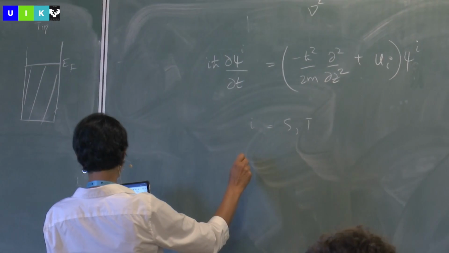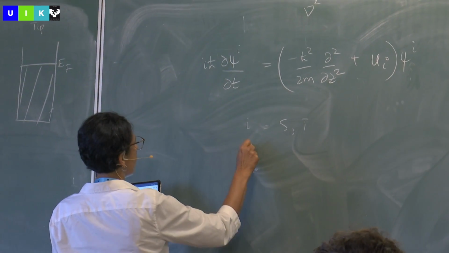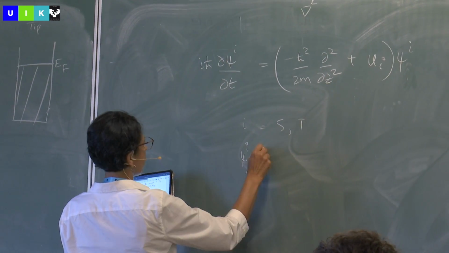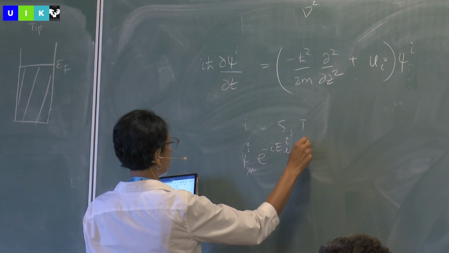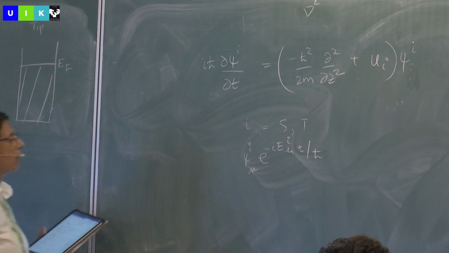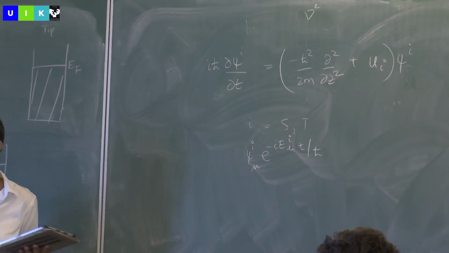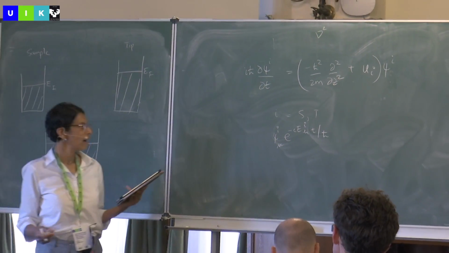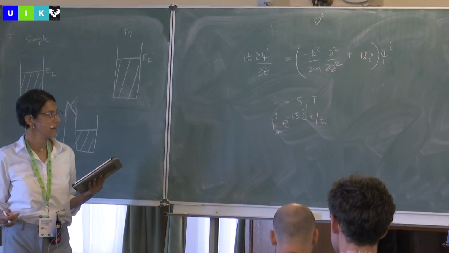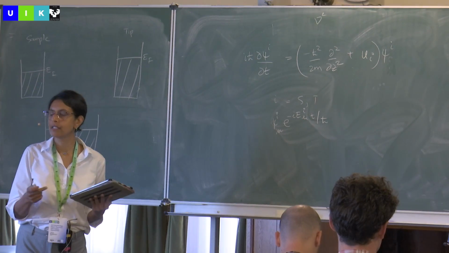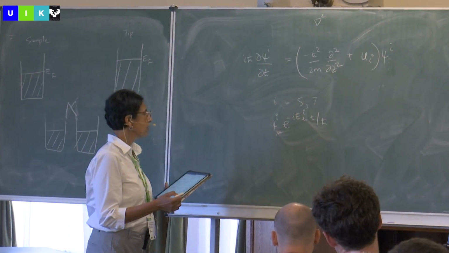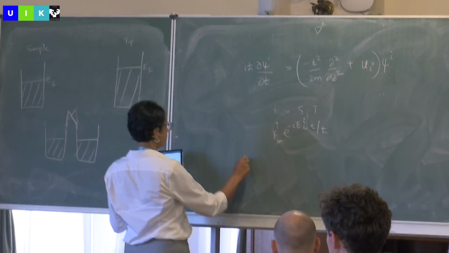So the eigenstates would look like psi mu I e to the minus I e mu I t over h bar, where if I is s, these are the sample eigenstates, and if I is t, these would be the tip eigenstates. Okay, so now when we bring these two together, then of course we have a different Hamiltonian.